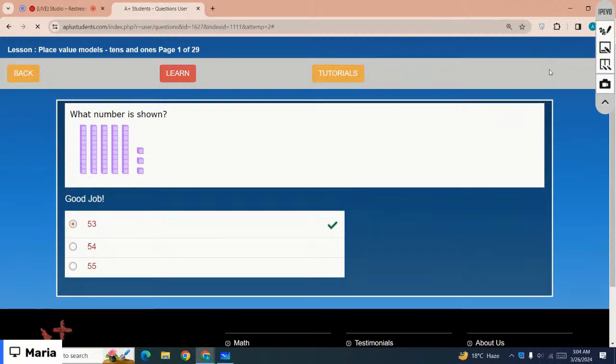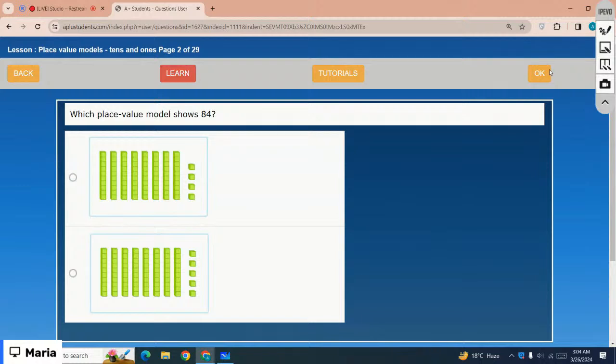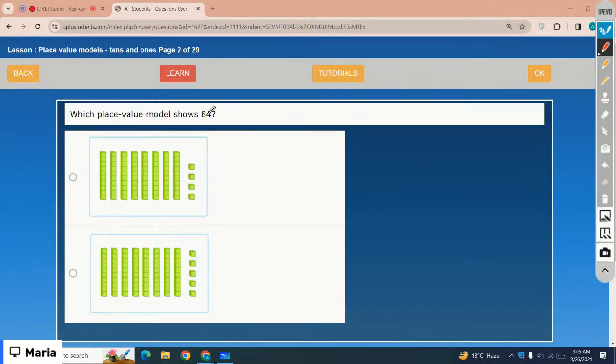What place value model shows 84? Which is the correct option? 84 means you have 4 ones and 8 tens. So which one has 4 ones? Look, first one: 1, 2, 3, 4. You have 4 ones.